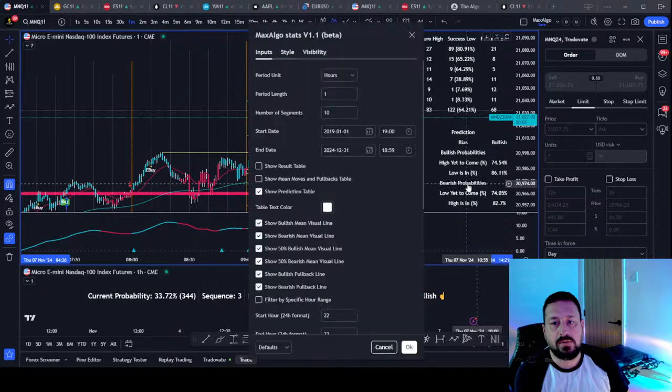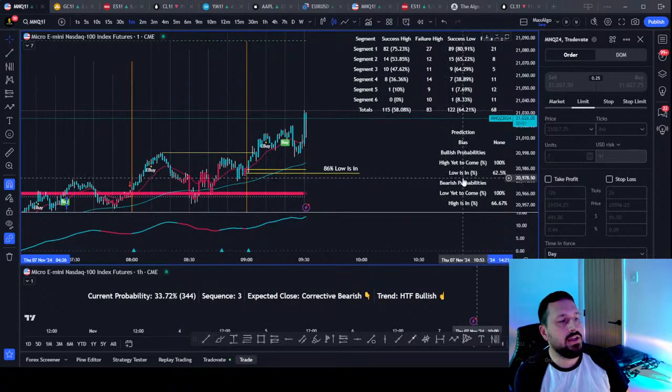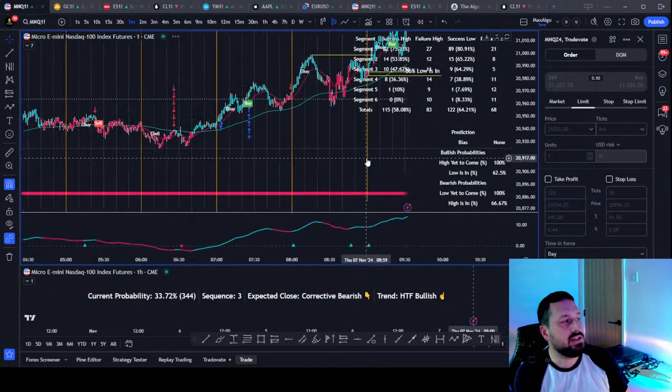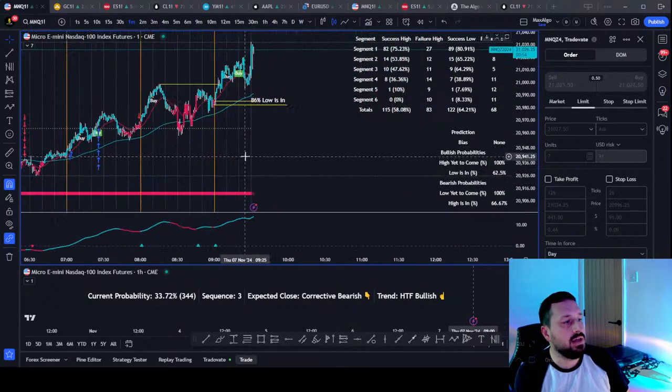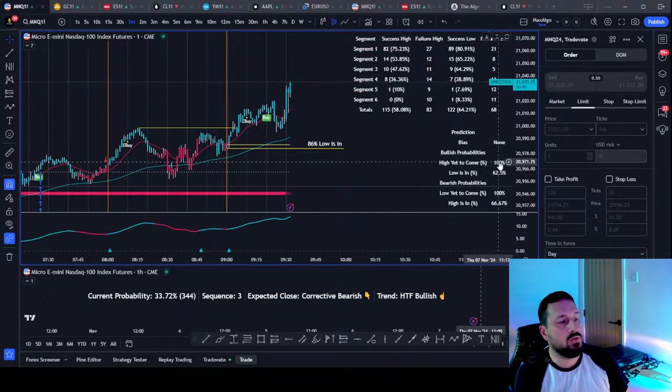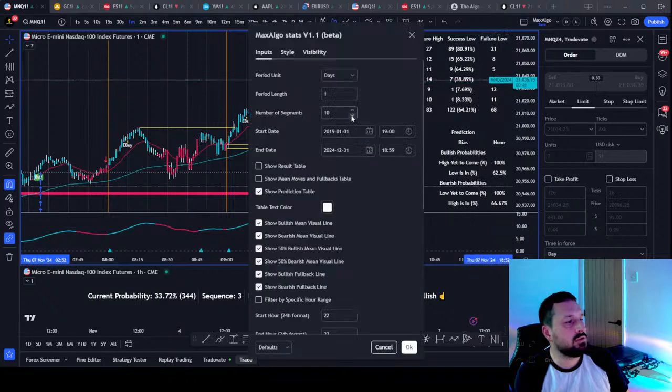And let's just go into our daily stats. And you can see now we've gone into this segment, we have a 62% probability of our low being in for the day. And then we've still got all of our data yet to come on the highs.